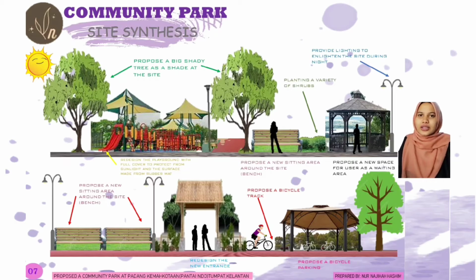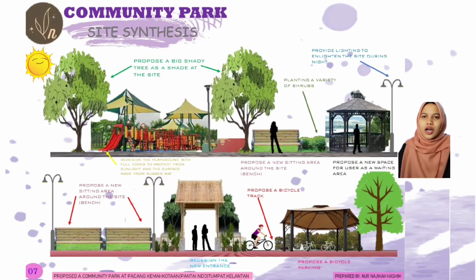Okay, first the synthesis is that I want to propose big shady trees as shade for the site near the playground. So I want to redesign the playground with full cover to protect from sunlight, and the surface made from rubber mat for the safety of children when they are playing.